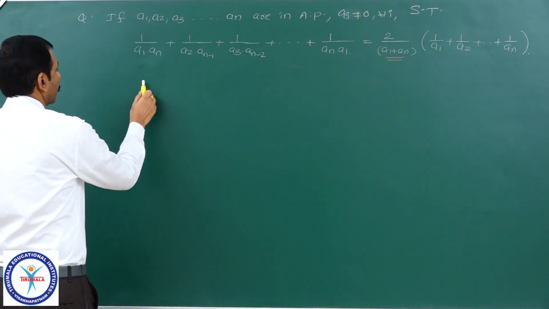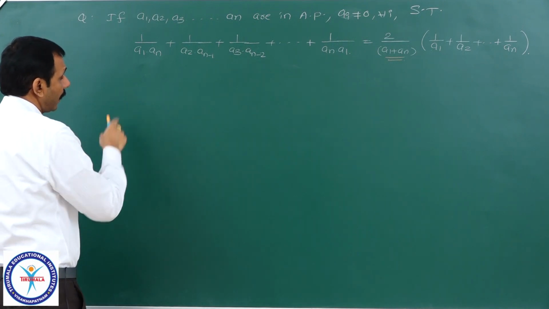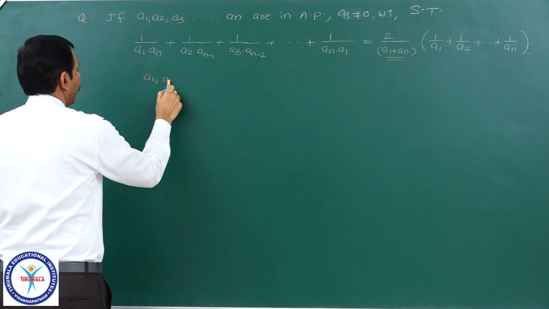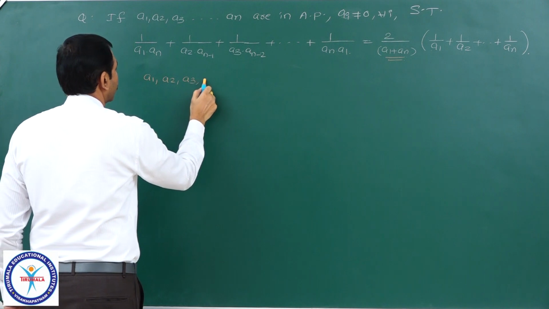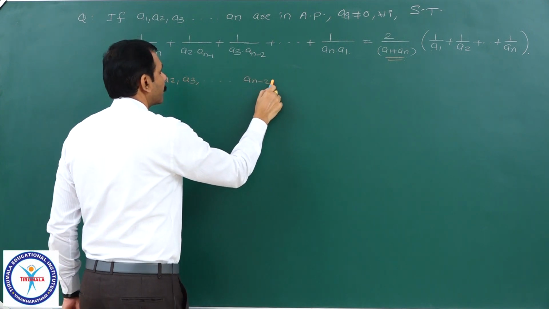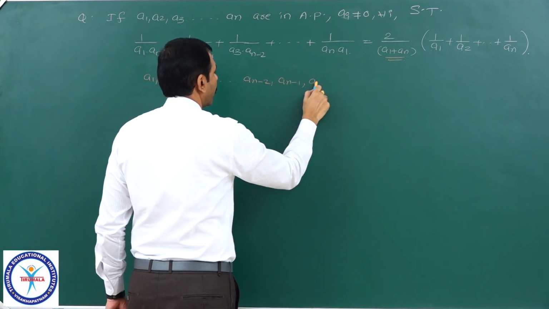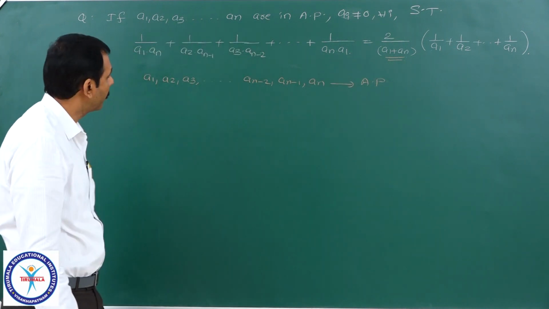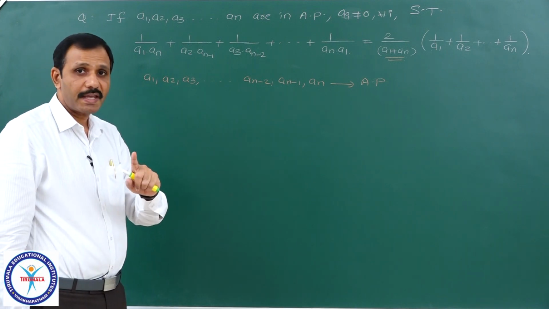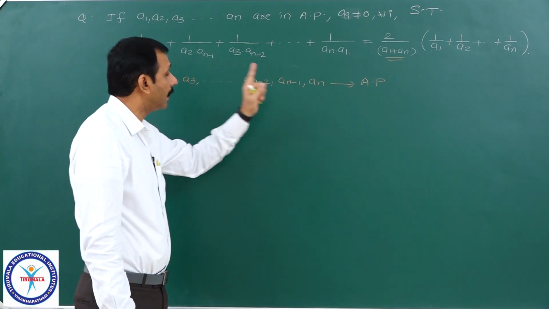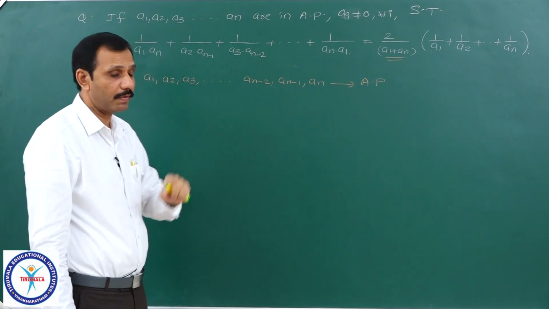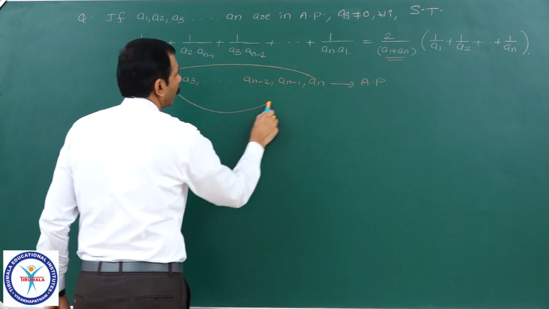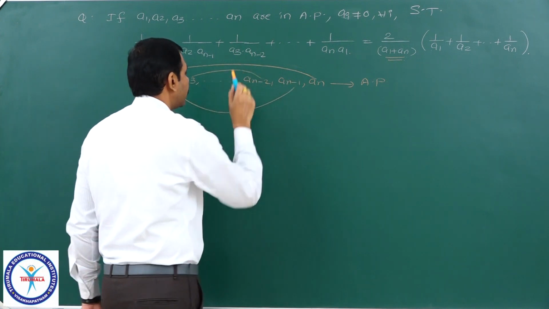See here. Already there is one concept which I am going to use here. Of course, we already discussed this one. Given a1, a2, a3 and so on, an minus 2, an minus 1, an are in AP. What is the concept here? The sum of the terms equidistant from the beginning and end of an AP are equal. That is, a1 plus an is equal to a2 plus an minus 1 is equal to a3 plus an minus 2.